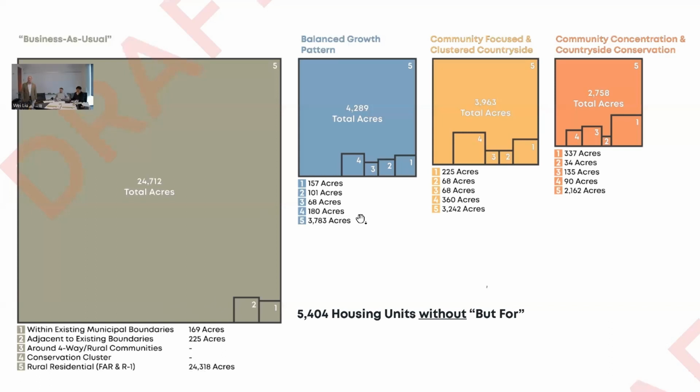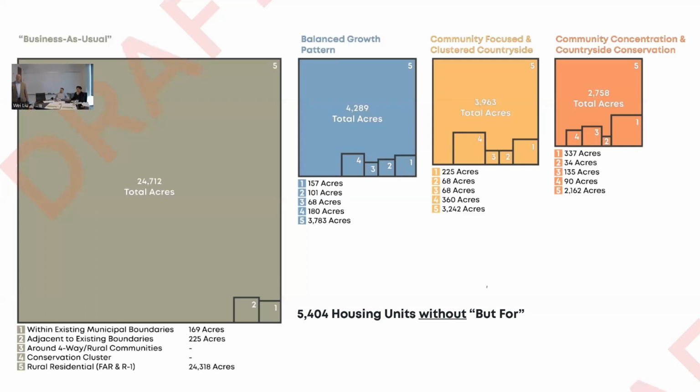Those smaller boxes now have each number 1, 2, 3, 4, and 5 in the other scenarios. And specifically, I'd like you to look at number 1 versus number 5. So number 5 is again what's happening outside your municipal boundaries in the countryside using the current R1 and FAR zoning district development pattern.